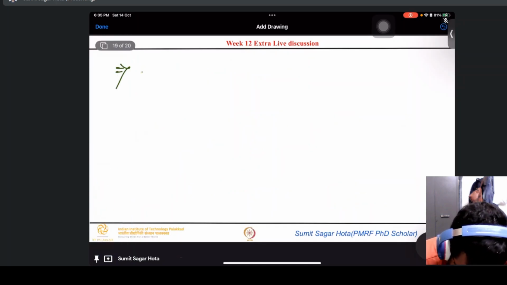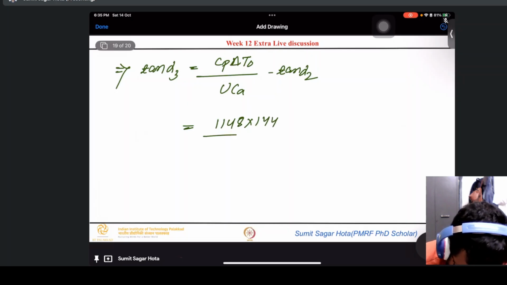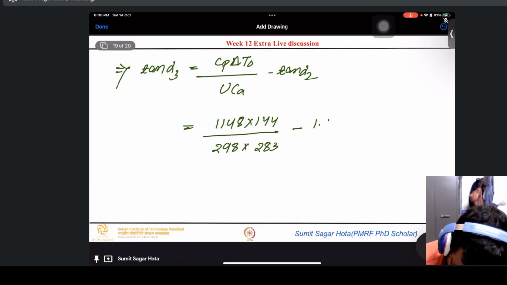And if you solve, your tan alpha 3 is equal to Cp delta T naught divided by U into Ca minus tan alpha 2, is equal to 1148 into 144 divided by 298 into 283 minus 1.8807, 0.0793.